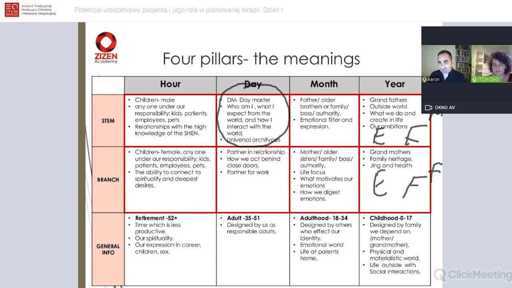Okay, it also can represent brothers and sisters who are above us, okay, older than us, but in a more wide range, we can say that everyone we put on our family or any kind of authority or responsibility on us, it can be at school, it can be at work, everyone who represents the father or mother figure, bosses, big brothers, authority people, teachers, everyone who's responsible on us is represented there on the pillar of the month.